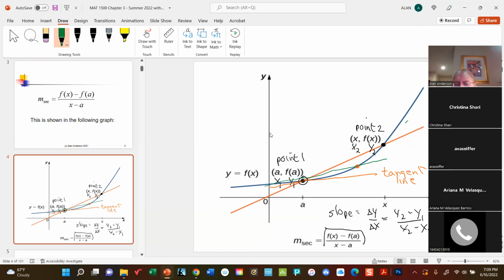So if you think of this as, I'll call it secant line 1, I'll call this secant line 2. As we keep moving the second point closer to the first point, the slope of the corresponding secant line will get closer and closer to the actual tangent line that we need. And so you can see this opens the door for us to use limits.